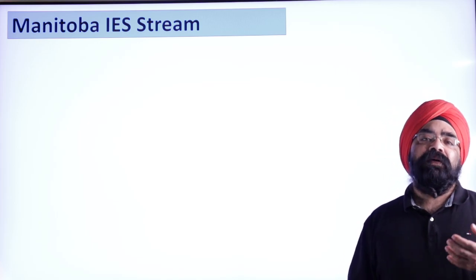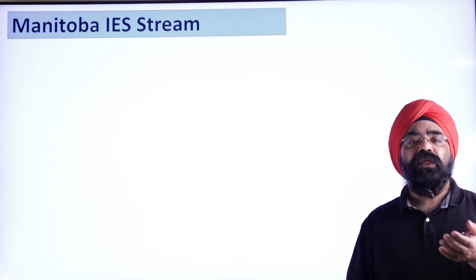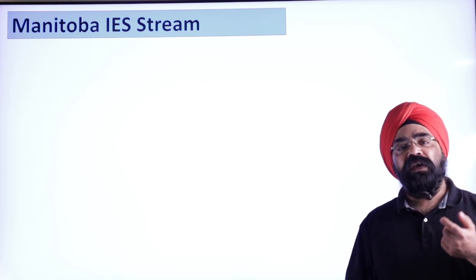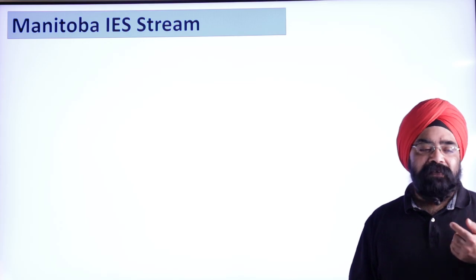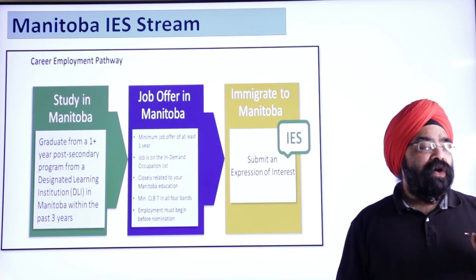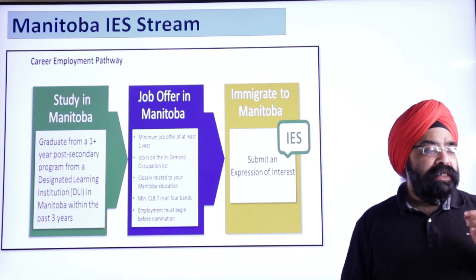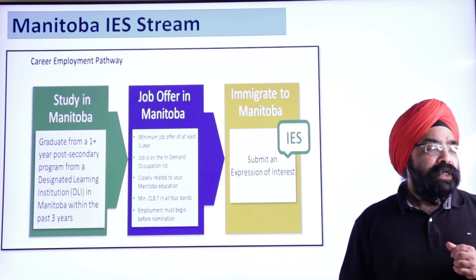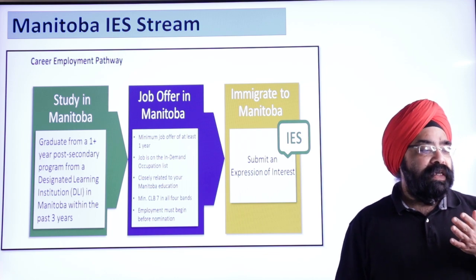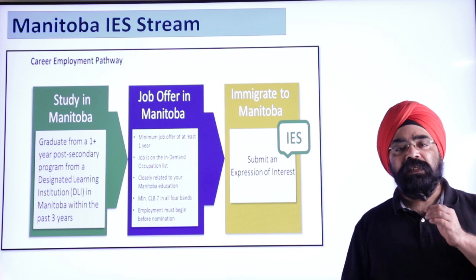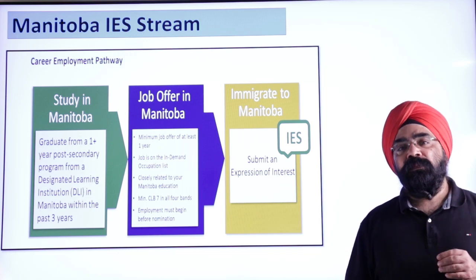For example, you have done some course and then you got a job, say office admin, and you are working for an office. This offer is at least 1 year minimum, and the job is on the in-demand list. CLB 7 on all 4 bands is required, and then you can submit the expression of interest. So this is the career employment category.